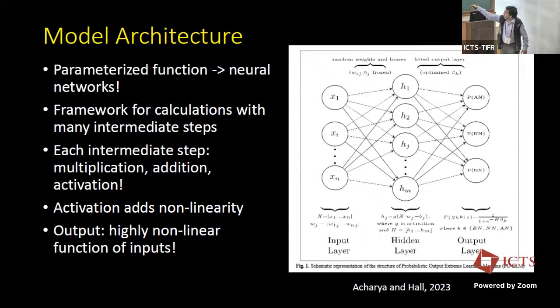So in this node H1, it receives inputs from X1, X2, Xn, all of them, but it will have its own set of weights associated with them. So maybe I'll call them W11x1, W12x2, and so on. Similarly, H2 will again receive all these inputs, but it may have different weights for them. I may call these W21x1, W22x2, and so on and so forth.